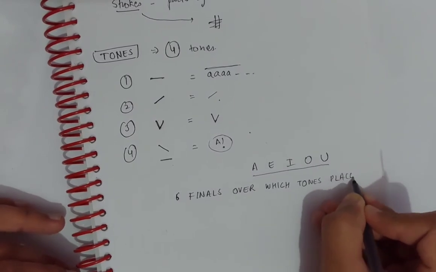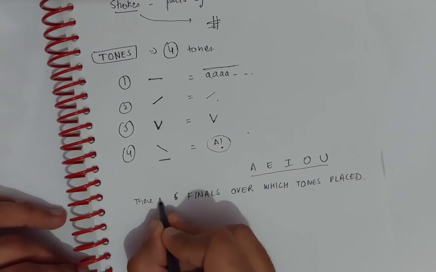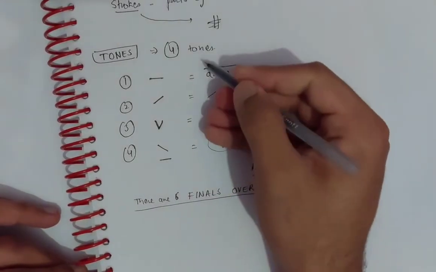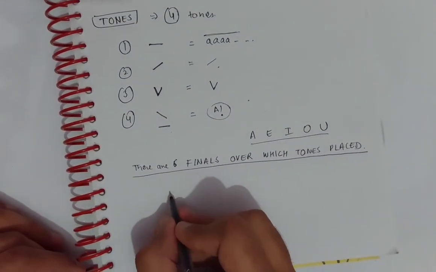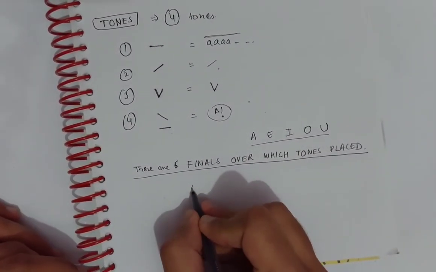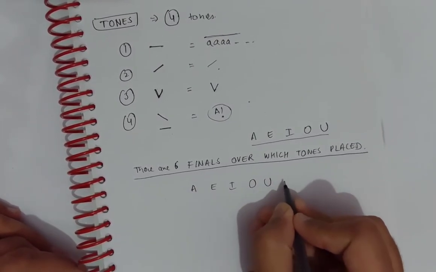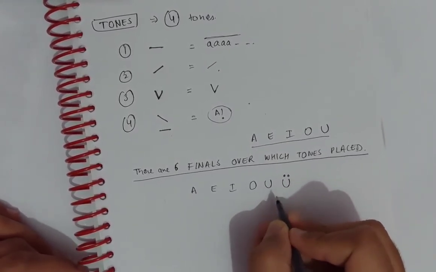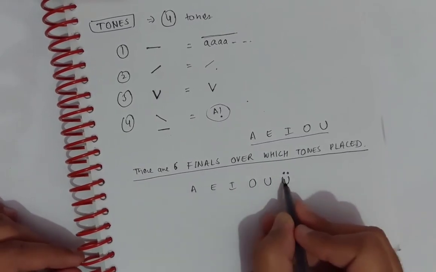In sequence they are A, E, I, O, U, and the special final in Chinese is this.